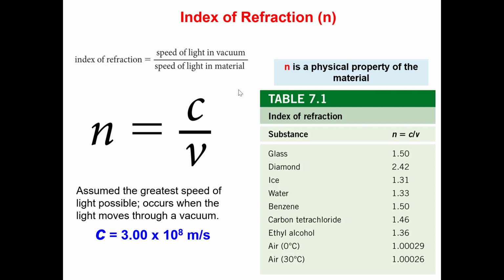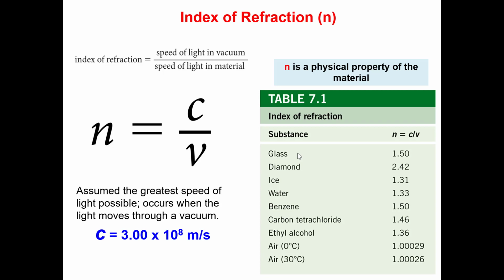For the speed of the light in vacuum, we will always assume this value, 3 times 10 to the power 8. Another thing is that the index of refraction is a physical property of the material. We can identify that material if we know the index of refraction.